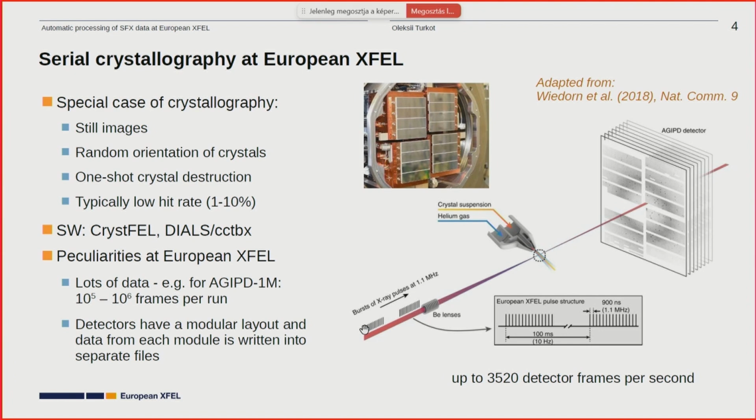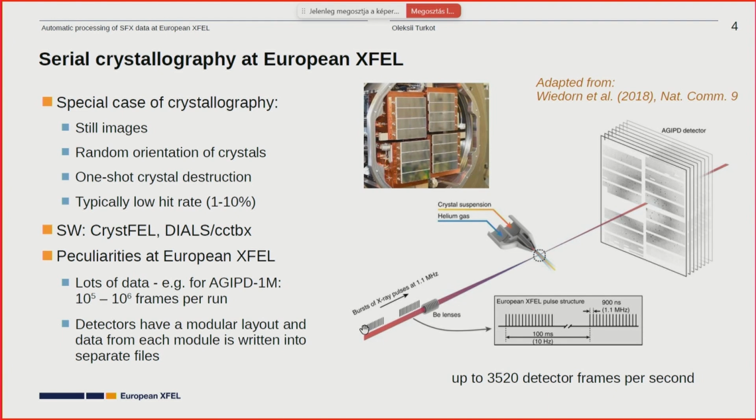And typically, by which I mean with liquid jet injection, we have a pretty low hit rate, between 1 and 10%. There exist software tools for analyzing this data developed by the community, such as CrystFEL, which I will describe more, and DIALS.